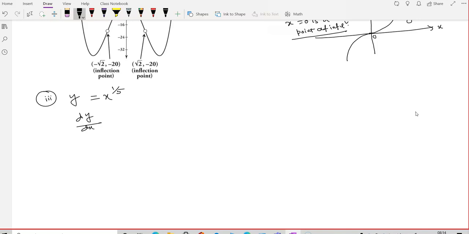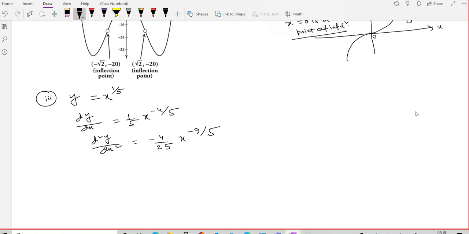Then dy by dx is going to be 1 by 5 x to the power minus 4 by 5, and d square y by dx square equal to what? This is minus 4 by 25 x to the power minus 9 by 5.